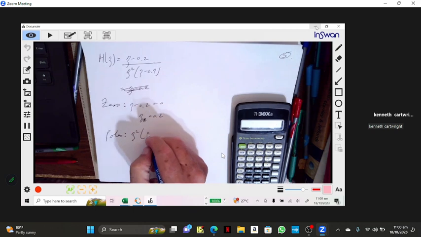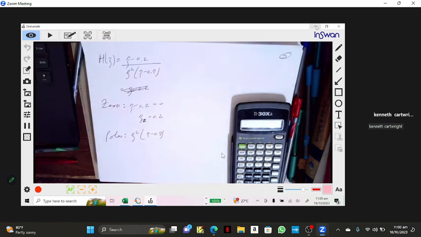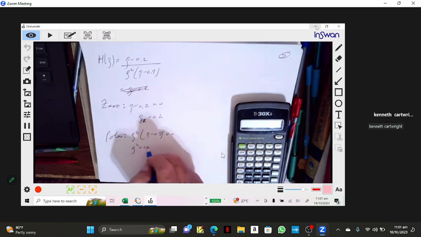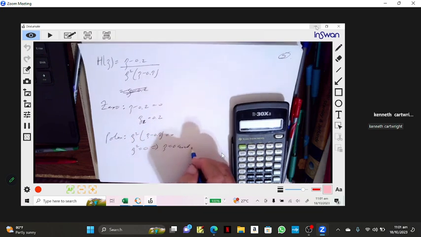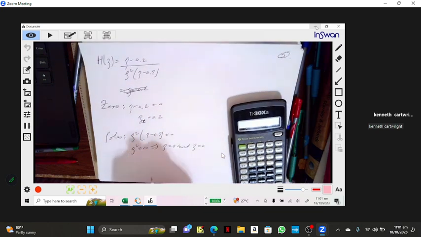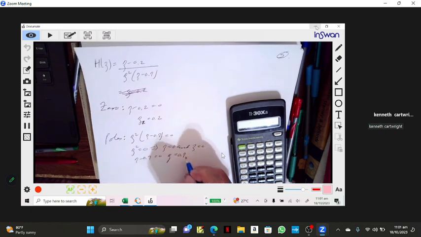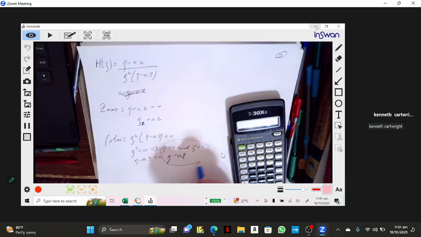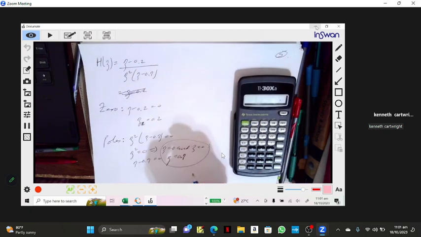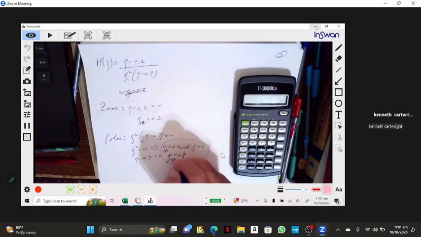Z squared times Z minus 0.7 equals 0. So Z squared equals 0, which means Z equals 0 and Z equals 0. And then Z minus 0.7 equals 0, which means Z equals 0.7. So this is pole 1, this is pole 2, and this is pole 3.